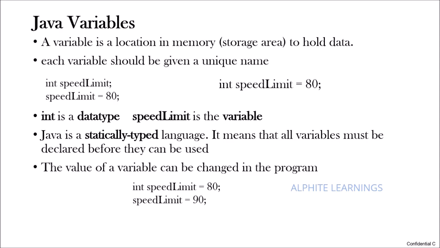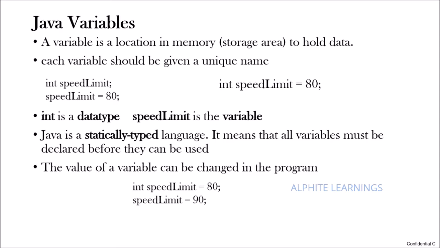It depends on the user's need, right? But Java doesn't know what is going to get stored. So in order to tell Java that this is the type of data that I will be storing, so please expect it and allocate some space to hold this kind of data, that is what we are telling by declaring the variable.